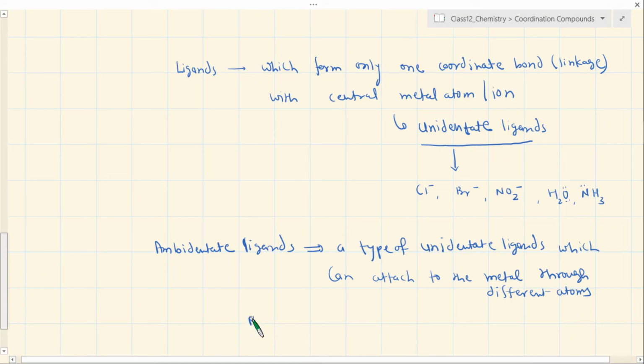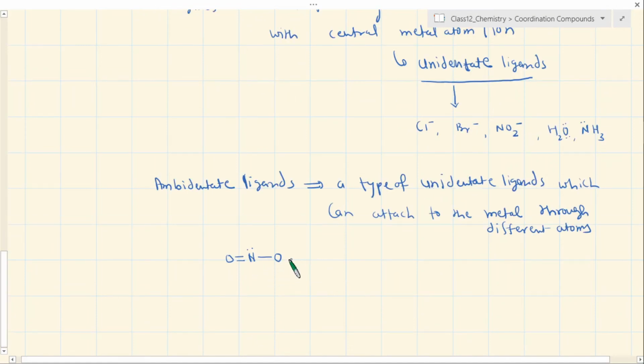NO2 can form the bond with the metal either through oxygen or through nitrogen. Let's say if nitrogen is the one attaching to the metal, the bond is represented by an arrow. So it can form the bonding with the central metal atom in two different ways.